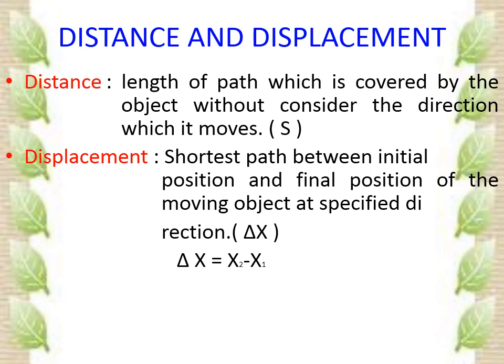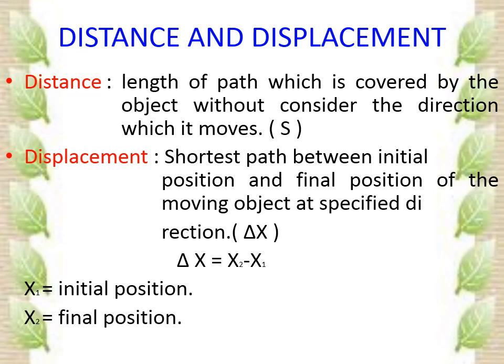That delta x is x2 minus x1. That x1 is the initial position, or from the figure we can set it as the start point, and x2 is the final position. And this is the end position.